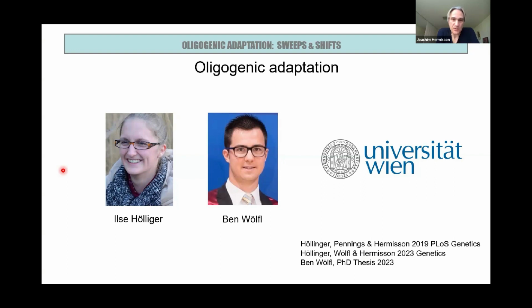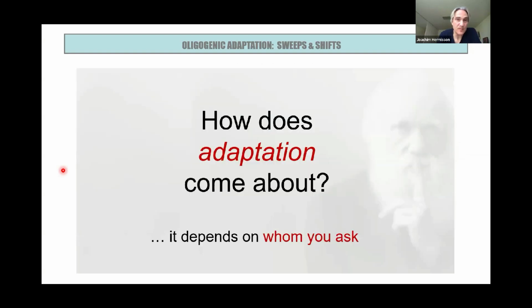And then also with Ben Wölfe's PhD thesis, there were all the additional results about models with unequal locus effects, and all this is unpublished or only published as a thesis by Ben Wölfe, and we are still on it, but I'm going to present you some results from that also.